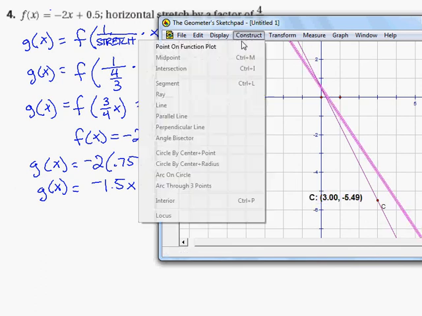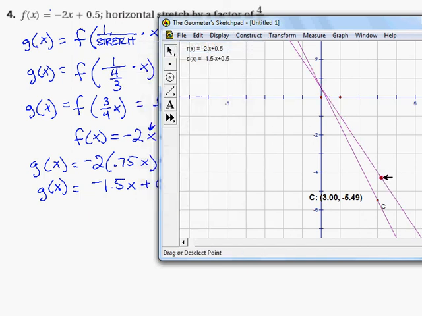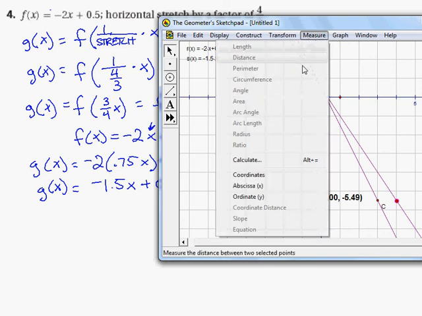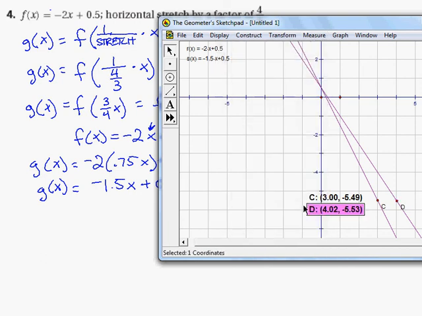Now, if I were to take a point on this other line, we're going to construct a point on that and place it at approximately the same location. Now let's measure the coordinates of that point. See if I can get this to match up.